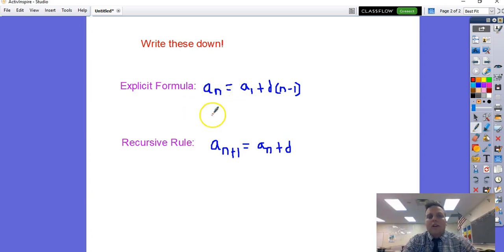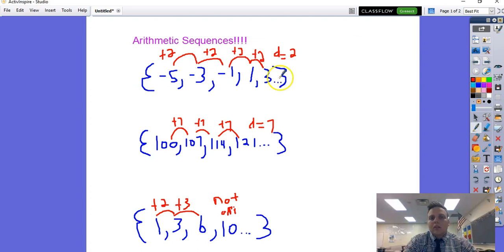Alright, so we're going to go back to the previous slide, and we're going to find the explicit formula and the recursive rule for those top two. So let's go back here. -5, -3, -1, 1, 3. Let's find the explicit formula first. I'm going to write EF, representing explicit formula. The formula was a sub n is equal to a sub 1 plus the common difference, that's d, times n minus 1.